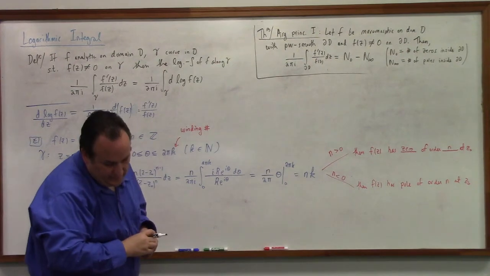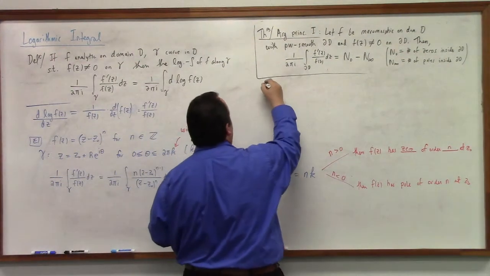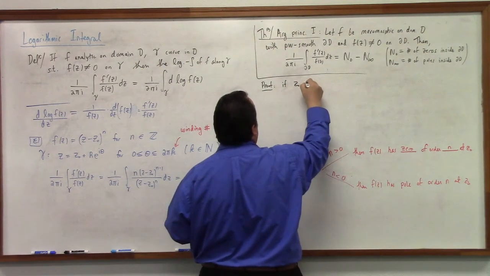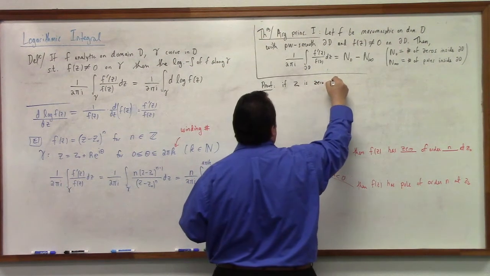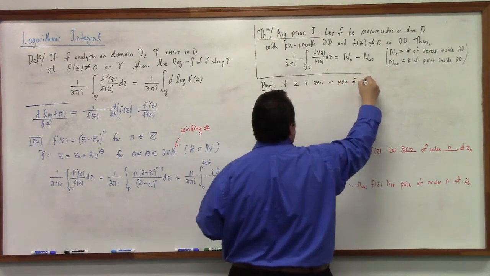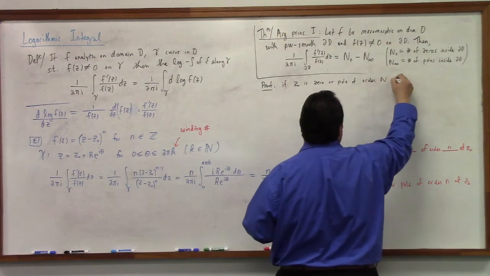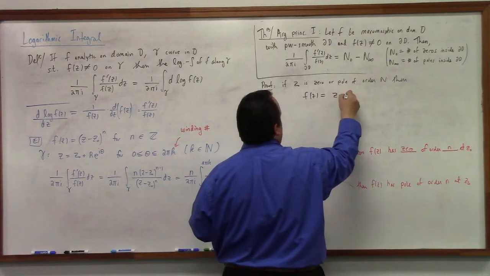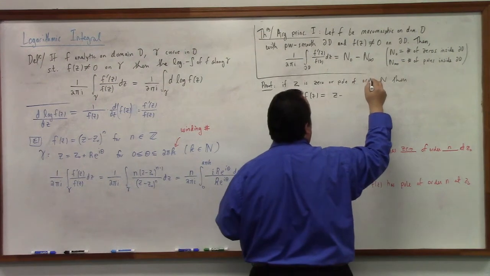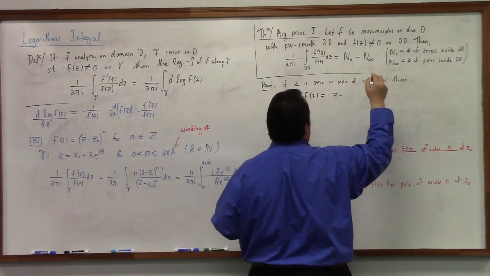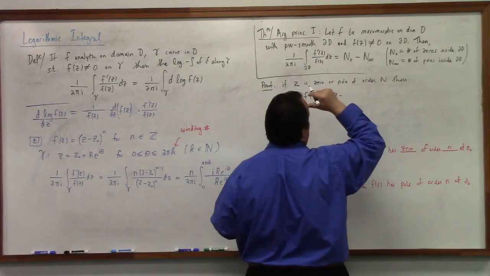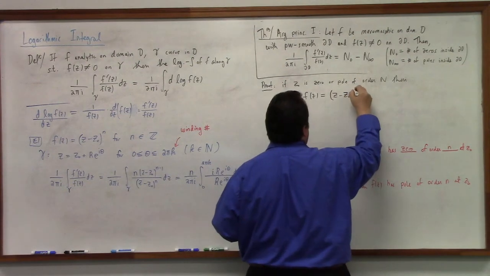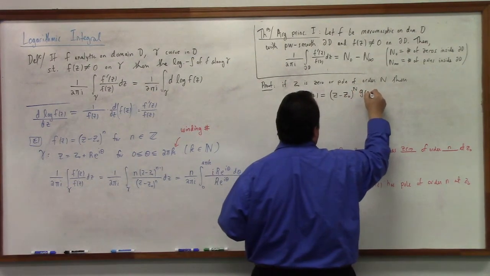So, if z naught is a zero or pole of order n, then f of z can be written as z minus z naught to the n times g of z.